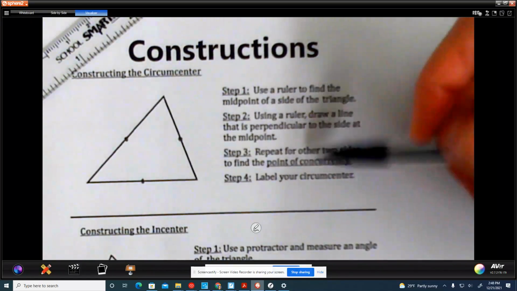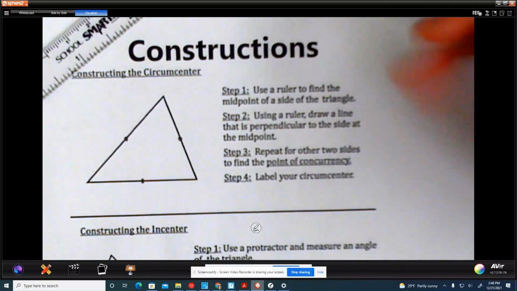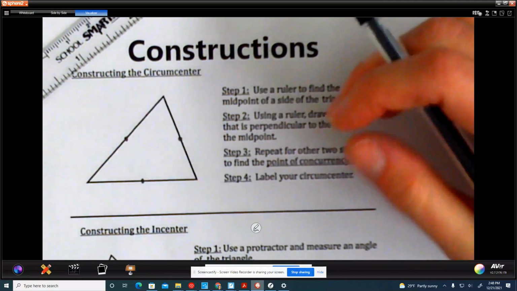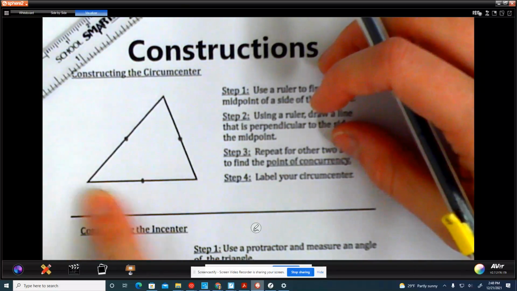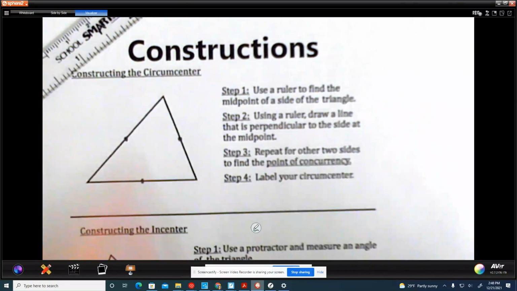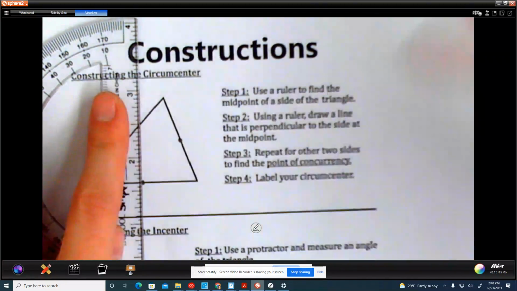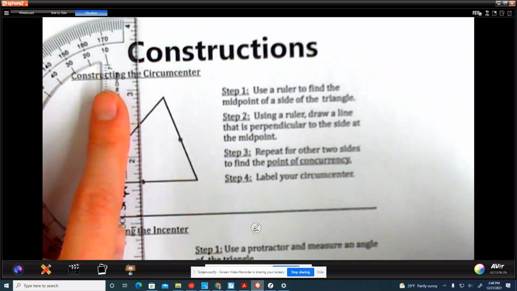Now using more so like our straight edge, we're going to draw a line that's perpendicular to each side of the midpoint. So you're essentially going to take this horizontal line right here and we'll rotate our triangle around. And we're going to draw the perpendicular side, which would be like a vertical line. So again, we're not doing this exactly with slopes or anything by any means.